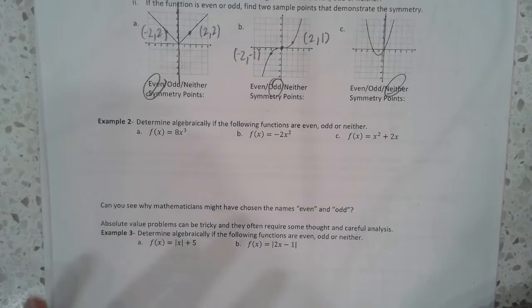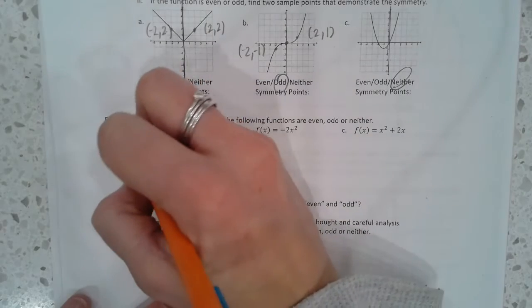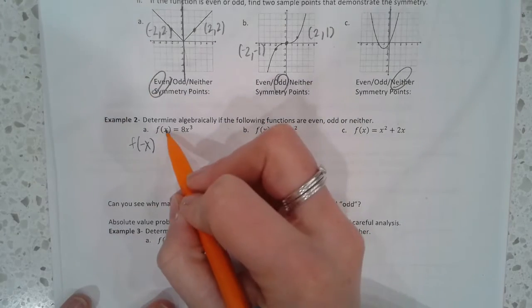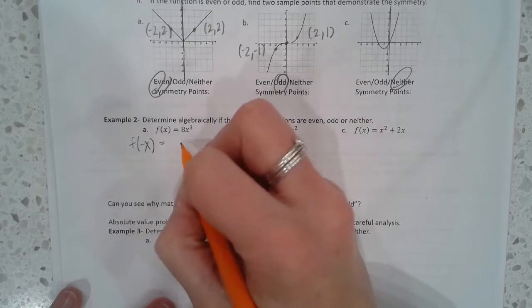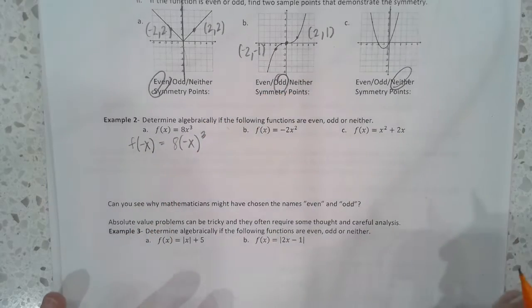Now I'm going to show you how to do it algebraically. The first thing we want to do is determine whether this function is even. To determine if it's even, we take our function and change our input to a negative. So now we have 8 times -x cubed.